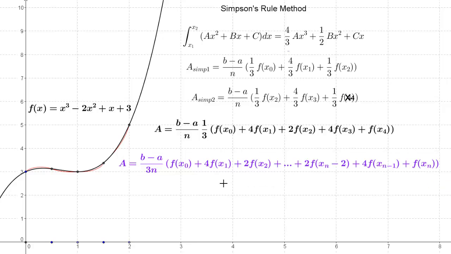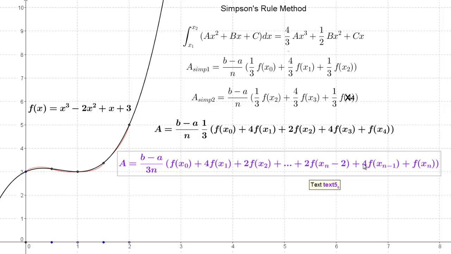And then this pattern of 4, 2, 4, 2, 4, 2, beginning and ending with 4 in the middle terms emerges. For example, 4 times f of x1 plus 2 times f of x2 plus 4 times f of x3, and so on. And then we get to the second to last even term, which would be 2 times f of x(n minus 2), plus 4 times the last odd term plus the last term.